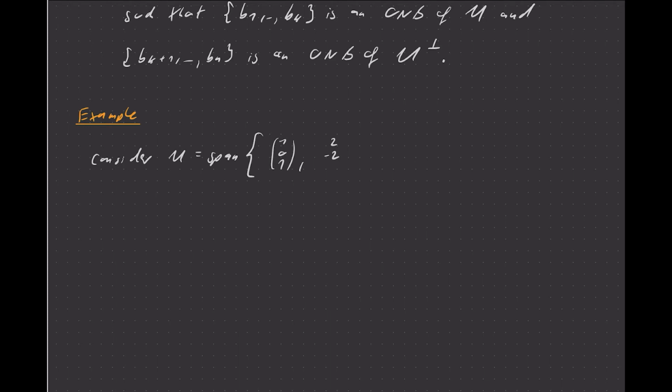Geometrically, we're talking about a plane here. And we want to compute an ONB of U and also one of U ortho. Now, to do this, let's start with the ONB of U first.